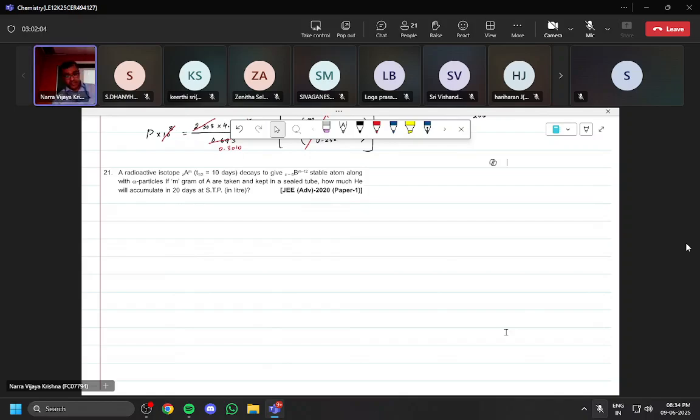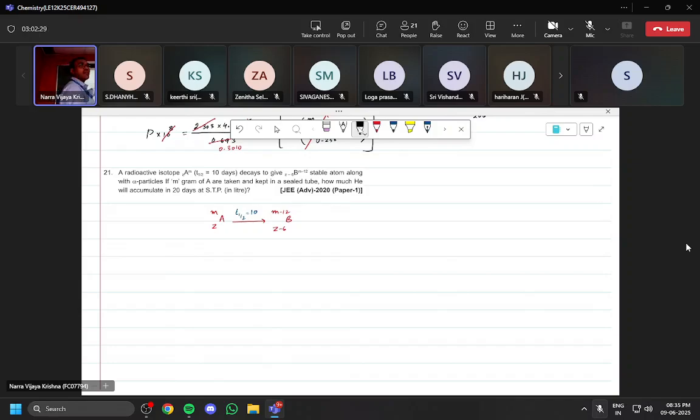Again: A with Z and mass number M is converted to B with Z minus 6 and mass number M minus 12, given T half equal to 10 days. How many grams of A have you taken?